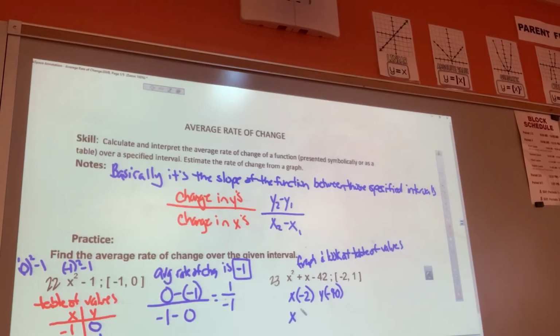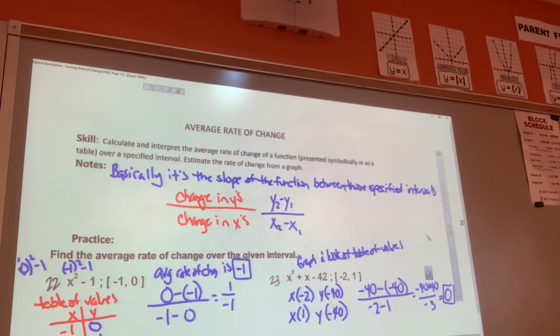Then let's plug in my output when I input an x of 1. You should see that it is an output of -40. Well, what happens when you take -40 minus -40 over -2 minus 1? -40 plus 40, well, then I know I have a 0 rate of change between those 2 points.